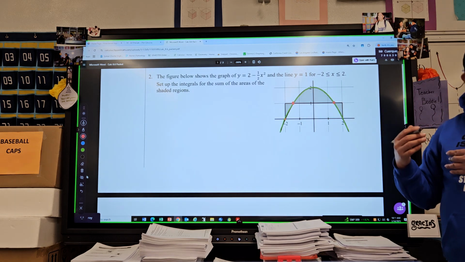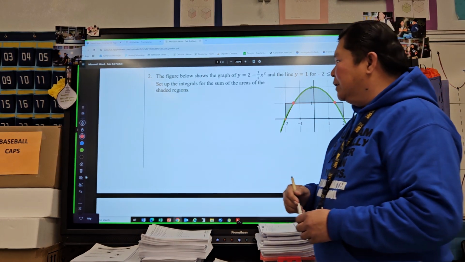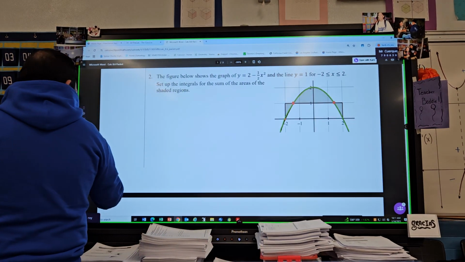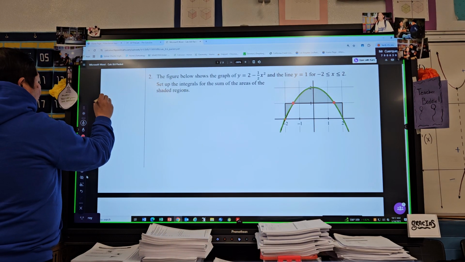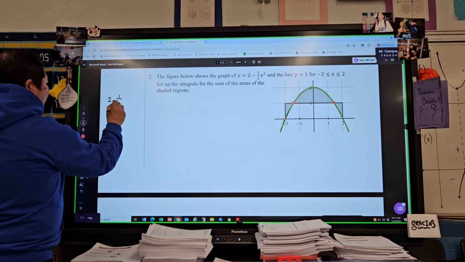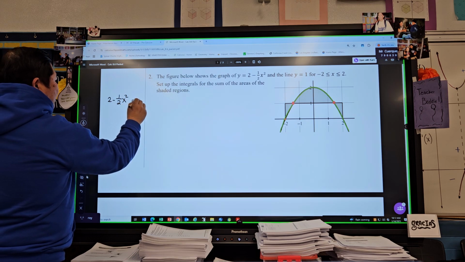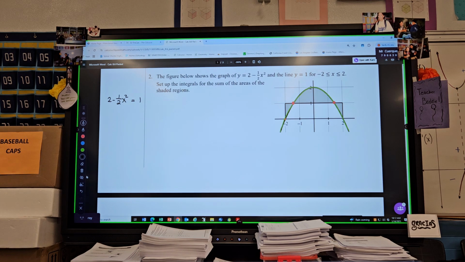Okay, we have to equate each other. So that means, what to do now? We write 2 minus 1/2 x squared is equal to 1. Am I right, guys? And then what to do with that 1?